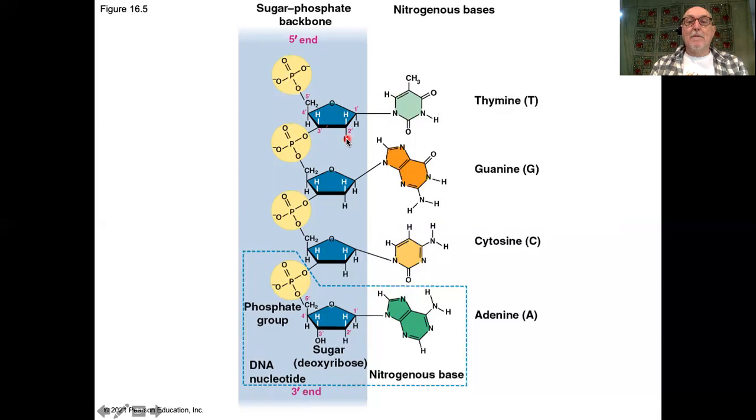At the 2' in DNA is a hydrogen. In the other nucleic acid, RNA, that we're going to talk about, there is an OH group there. This simple H here means this is a deoxyribose sugar. This is a ribose sugar, and it's deoxygenated, deoxyribose, because it's only got an H.